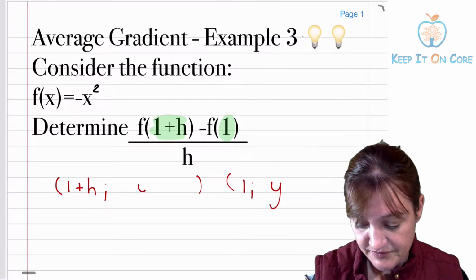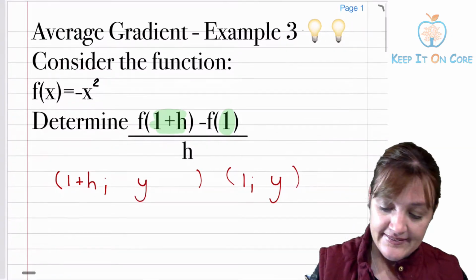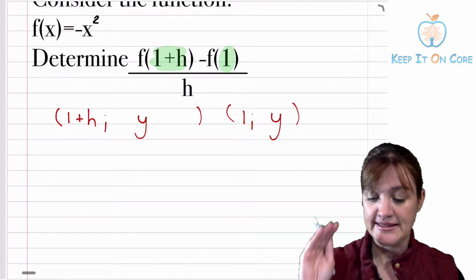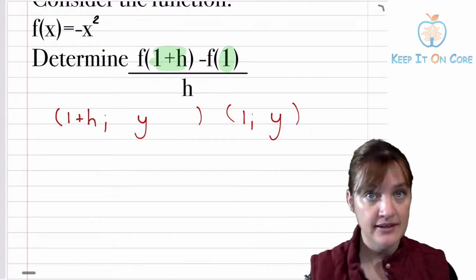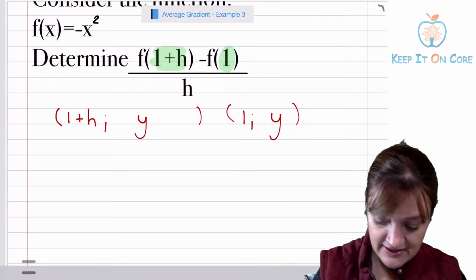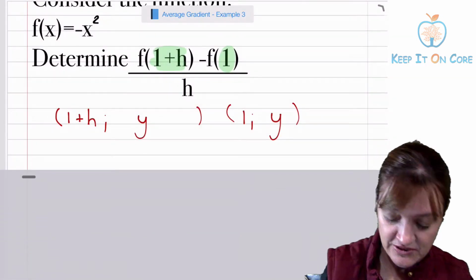How did we do that? We took the x coordinate and substituted it into the equation and we got the y coordinate. Nothing new here.